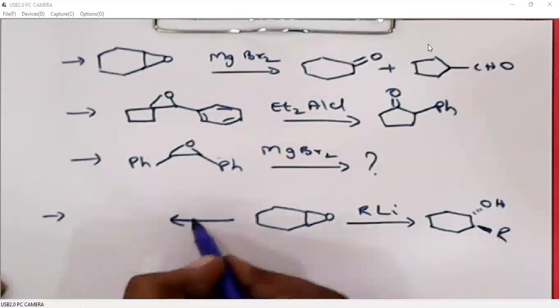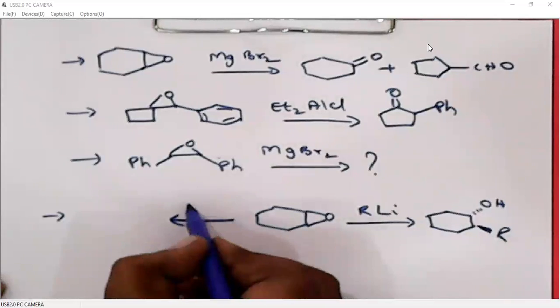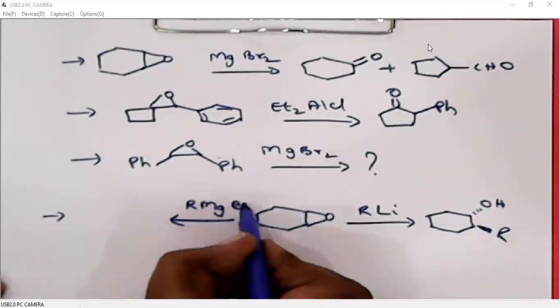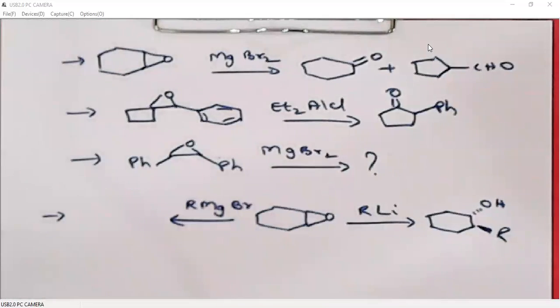substitution. But the same epoxide, when it is treated with alkyl magnesium bromide, we do expect the same product, because alkyl lithium and alkyl magnesium reagents have similar reactivities. So we do expect the same nucleophilic substitution.